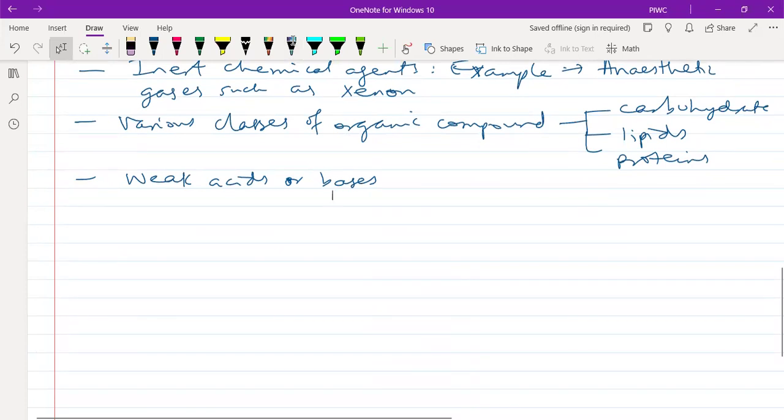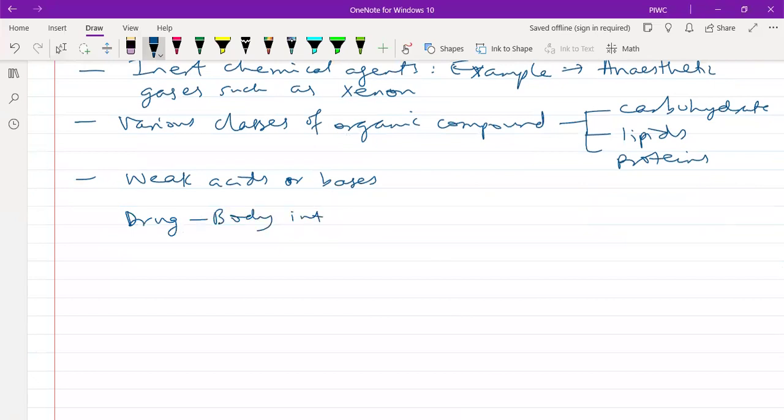Now let's talk about how drugs interact with our body. How do drugs interact with our body? So we're going to say drug-body interactions. We group this into two different categories. One, we're going to talk about what we call the pharmacodynamics.